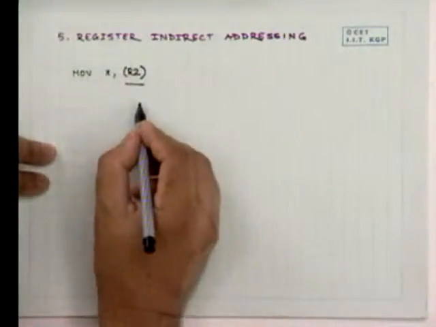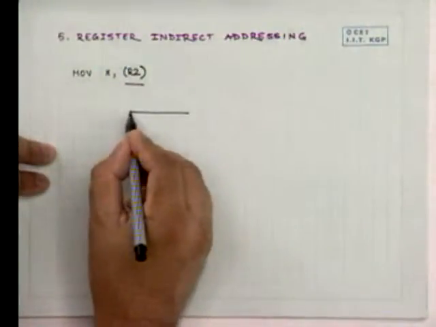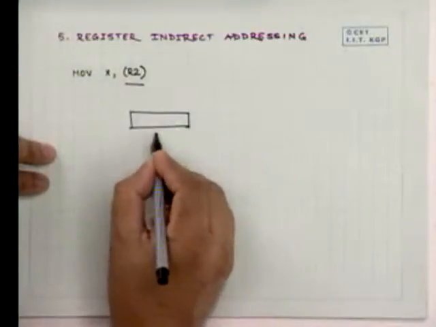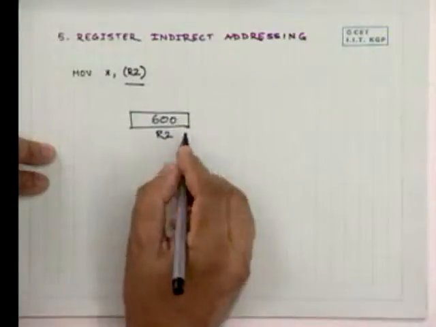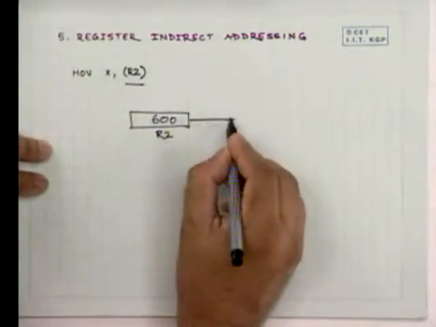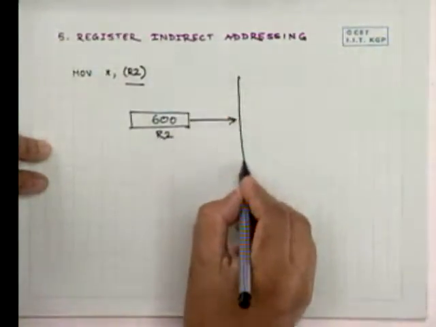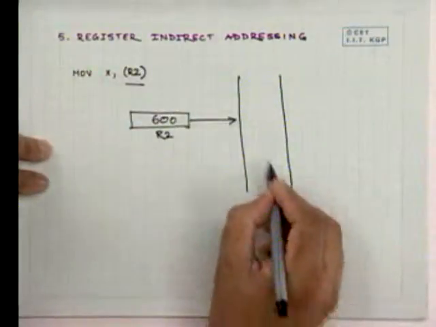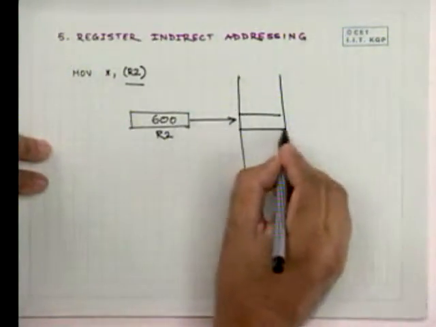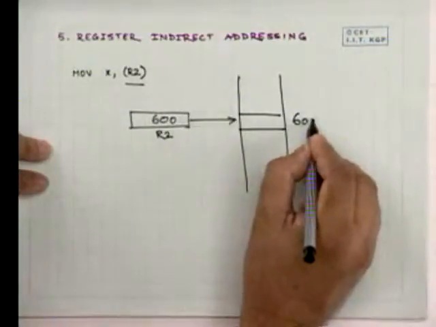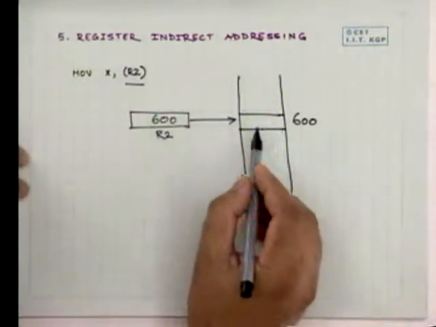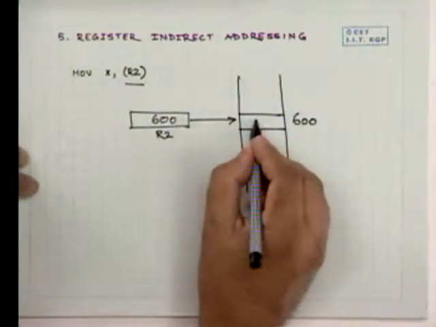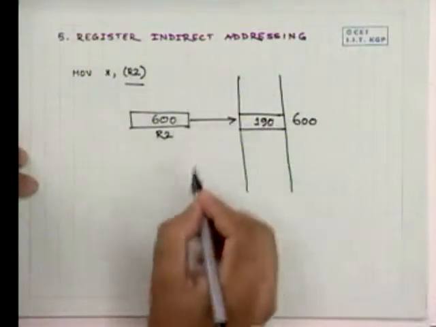For example, if this is R2 and say it is containing 600, then say this is a memory and this is the 600 location, then the content of this 600, say 190, is the operand.